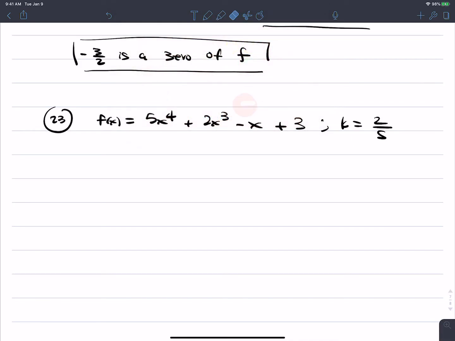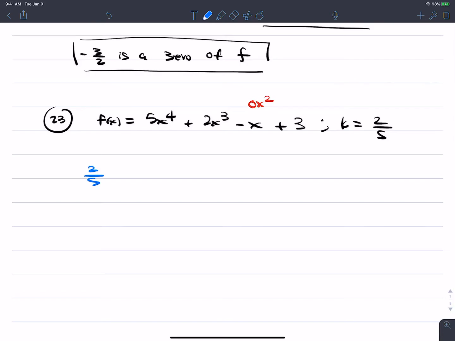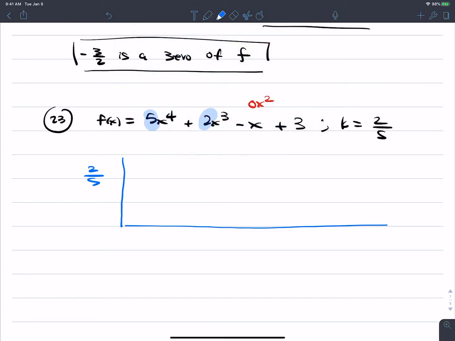So we're going to have to put here 0x squared. So let's copy down the coefficients now. 5, 2, 0, negative 1, and positive 3.